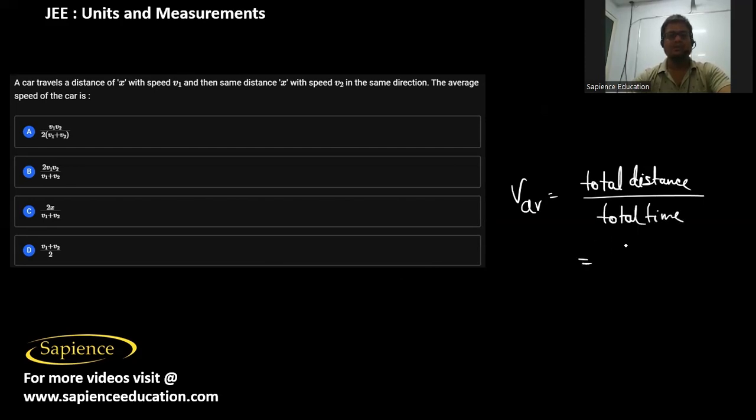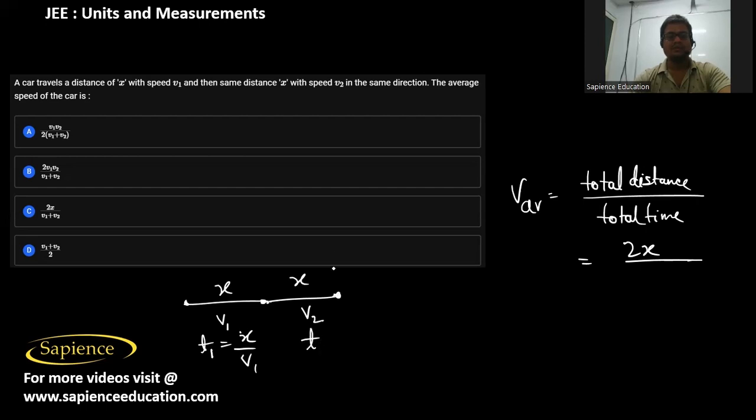So the total distance will be equal to x plus x, that is 2x. For the total time, in the first case it is traveling x with a speed v1. Therefore the time taken will be distance by speed, that is x by v1. In the second case it travels the same distance x but now with speed v2.